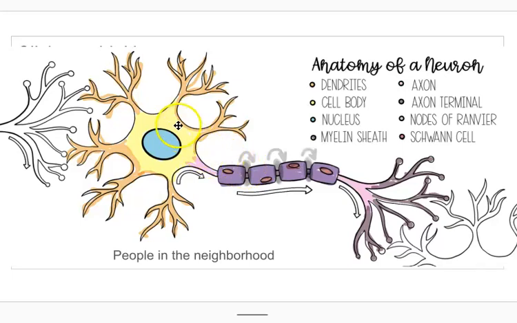So what will happen is, if chemicals excite this neuron, the electrical signal will travel down the axon. But when you have myelin sheath, the electrical signal will actually jump from node to node and get down there much, much faster. Okay? So that is the basics of a neuron.